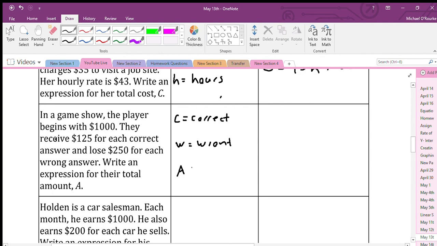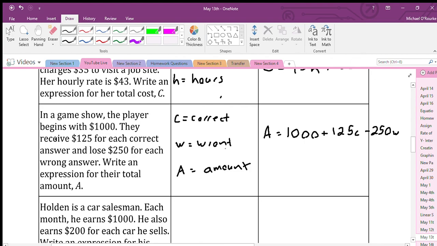So let's go A equals amount. The amount that we're looking for is going to be A equals, well, they start with $1,000. So let's give them $1,000 right away. Then 25 for each correct one, so plus 25C, minus 2.50W.